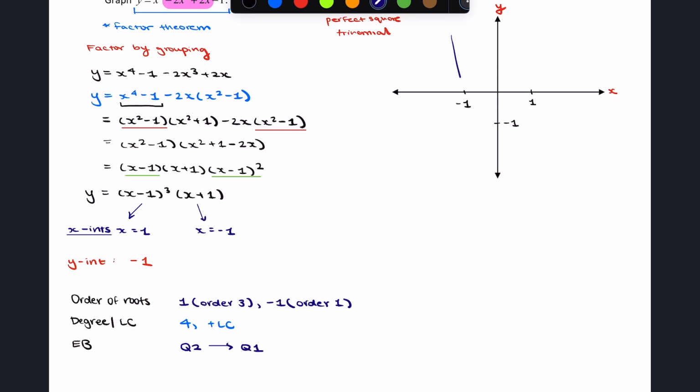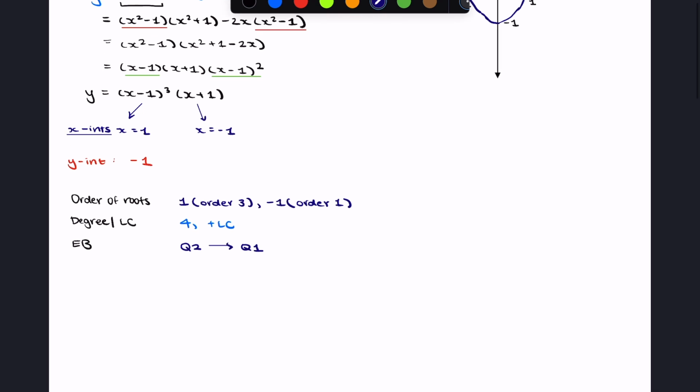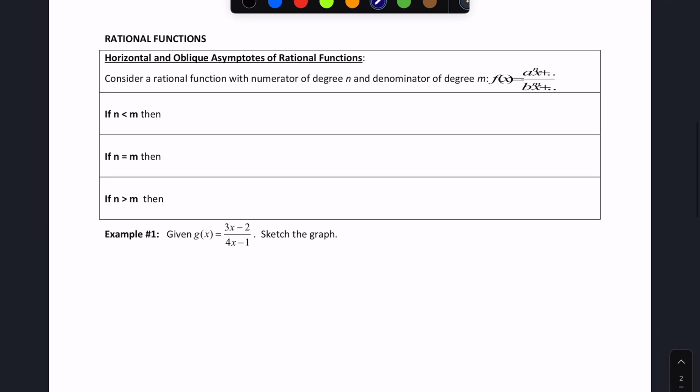We'll pass through the x-intercept of negative 1, and then pass through our y-intercept of negative 1, and then it'll behave like a cubic function at x is equal to 1, and then it will finish to positive infinity and end in quadrant 1 as well. Okay, let's keep going here.